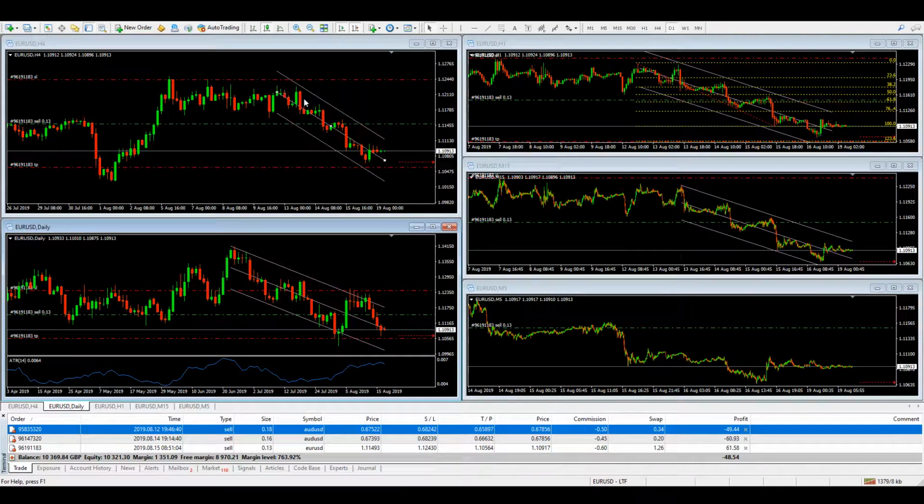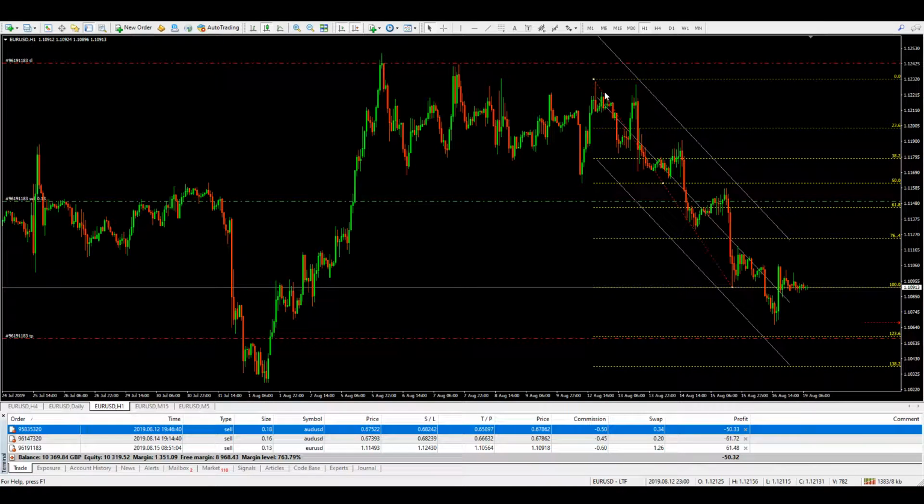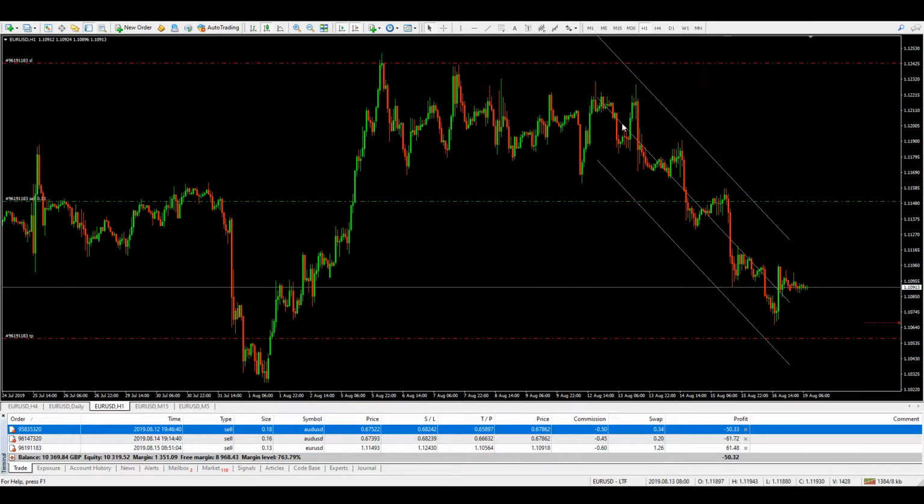Same story on the 4 hourly. This move here is basically this move here, and the price action on the hourly and 15-minute is almost textbook in terms of lower lows and lower highs. So at the moment, I'm just waiting for it to do another extension to hit a take profit.